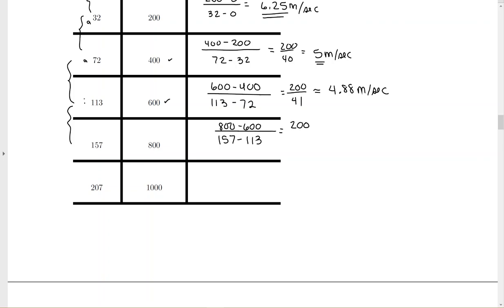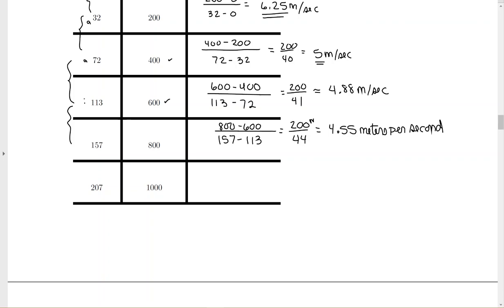So 44, yep, 44 straight across. So 200 divided by 44, 4.55 meters per second. There's a lot of different ways you can write this up, and I've done it a couple different ways here.